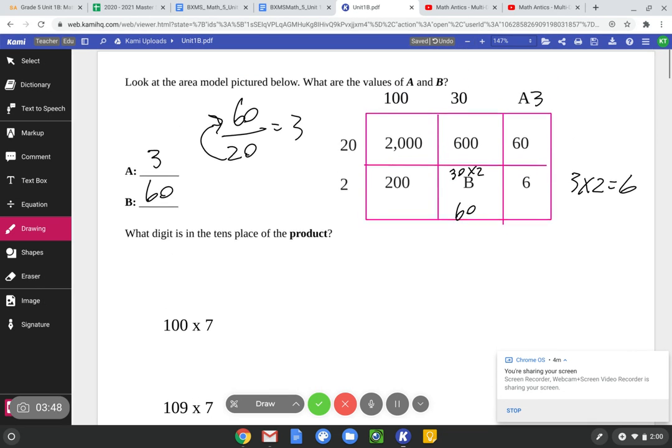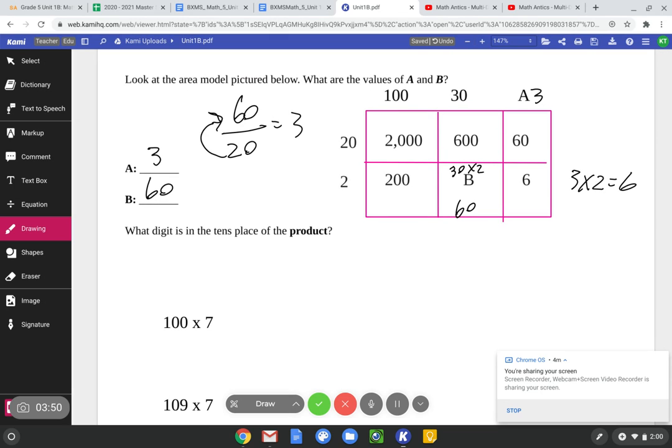Oh, wait, I didn't finish the problem. What digit is in the tens place of the product? Well, the product is the answer. Remember how we did the vocab in the previous video? The factors of this problem would be 133 times 22. Those are our two factors, and the product is going to be the final answer.